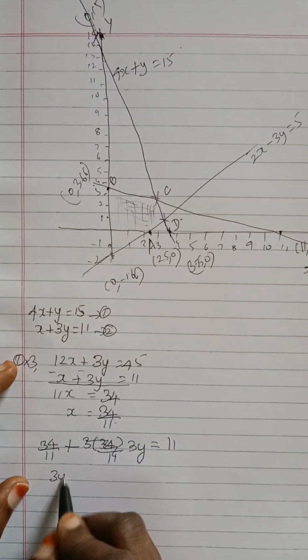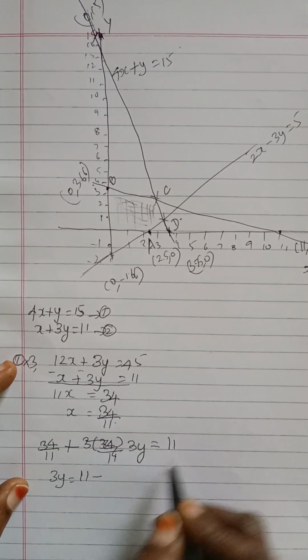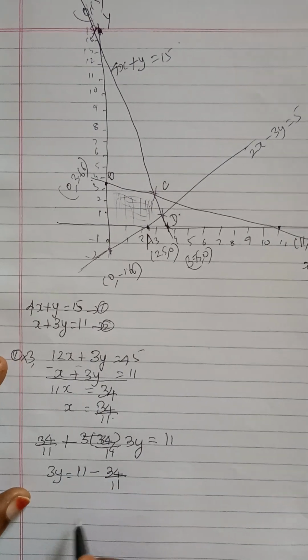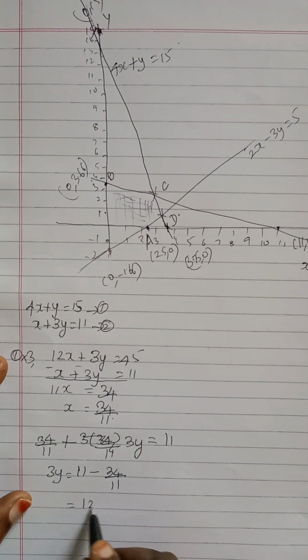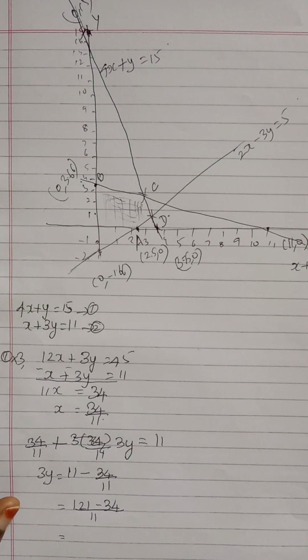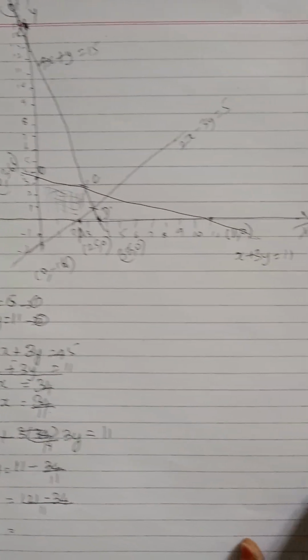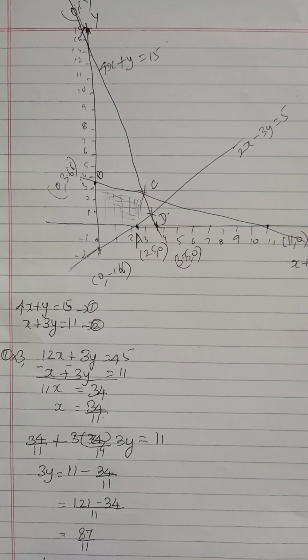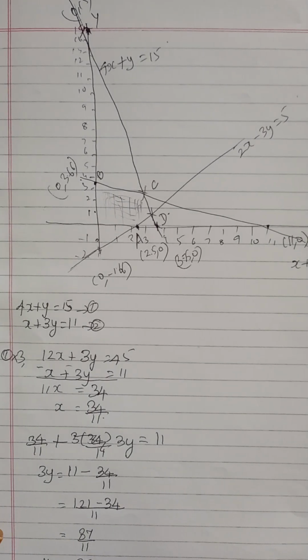So 3y equal to 11 minus 34 by 11, which is equal to 121 minus 34 by 11, which is 87 by 11. And then the y value will be 87 by 3 into 11. Here 3 will go here. 3 twos are 6.